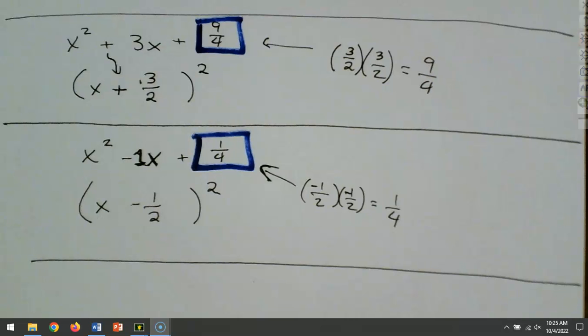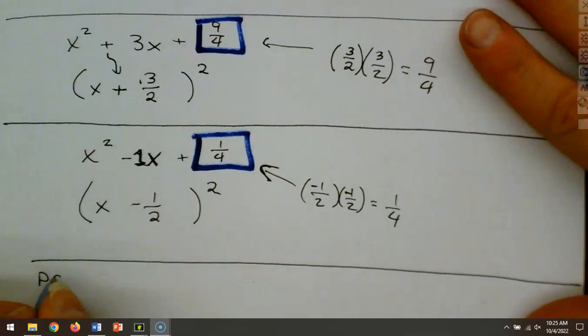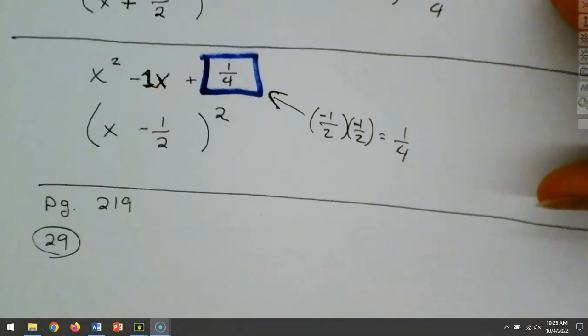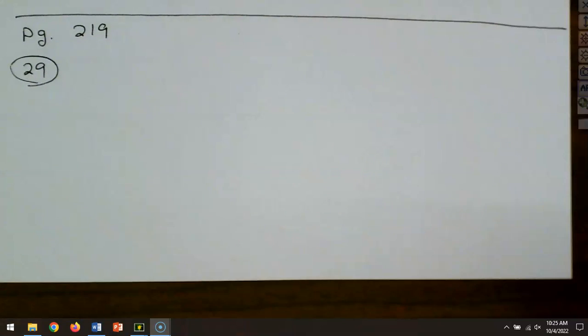And this is on page 219. So page 219, question 29.